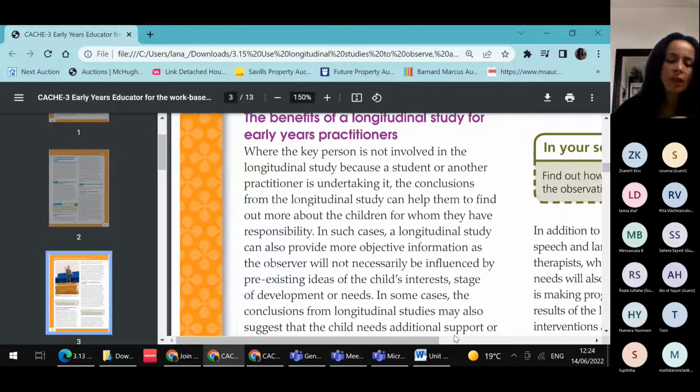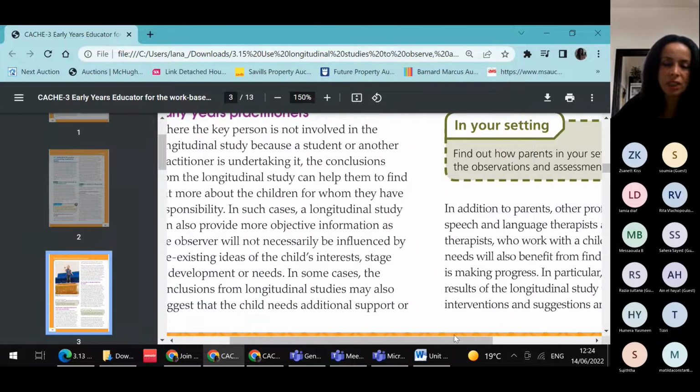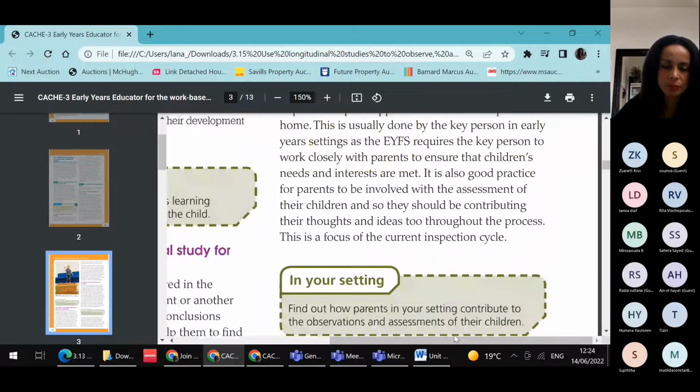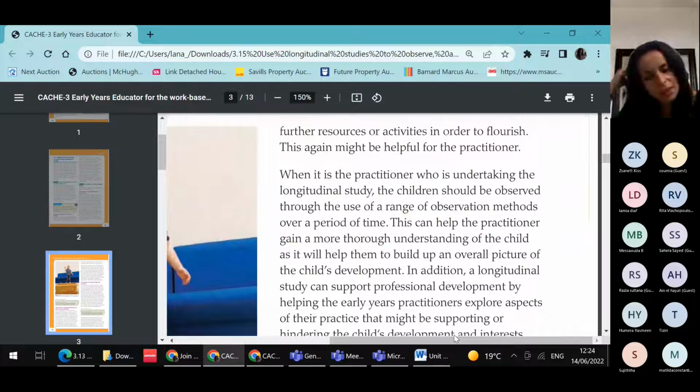In some cases, we have conclusions from this longitudinal study which suggest certain activities to do with this child according to their interest, according to the way they would like to act. All of this, we will follow it and help the child to progress and progress well. So the longitudinal studies are very, very important for us, they help us to understand the children.